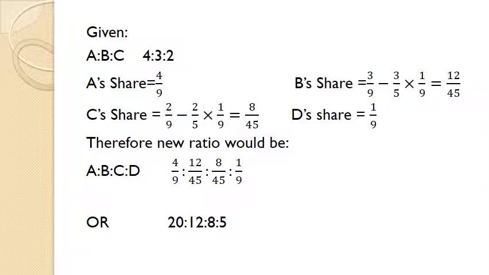So therefore the new share of A is to B is to C is to D would be like this. It is given here 4 by 9 is to 12 upon 45 is to 8 upon 45 is to 1 upon 9. And again we have to take the LCM of all the denominators to make them the same.